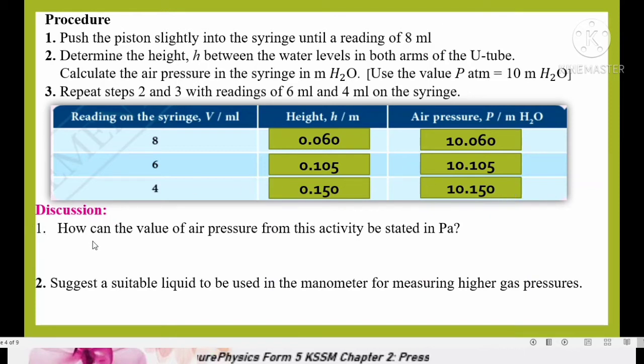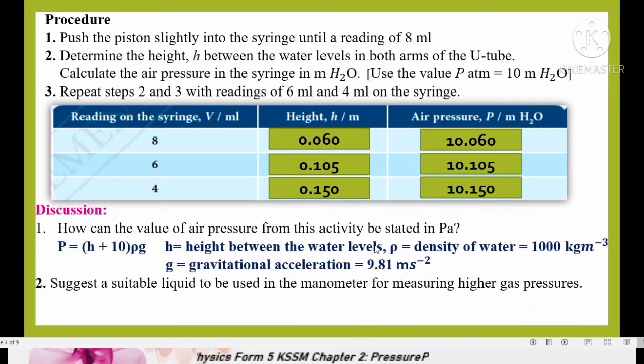Okay, so discussion: how can the value of air pressure from this activity be stated in Pascal? The unit used here is the metric unit meter of water. To change the unit to the SI unit Pascal, we can use the formula P equals h rho g. So we are going to use the value that we get from this activity.